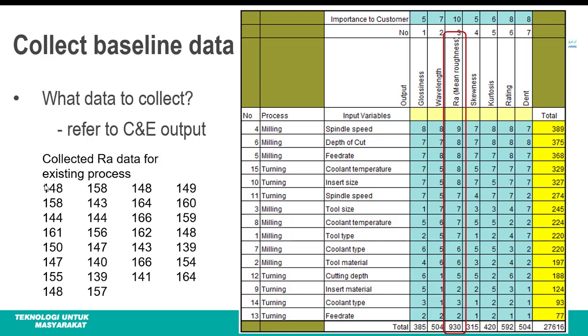This is an example of the data that has been collected, I believe in micron units for the surface roughness. The number of data here depends on our problem, but actually a higher number of data is basically better for our analysis.